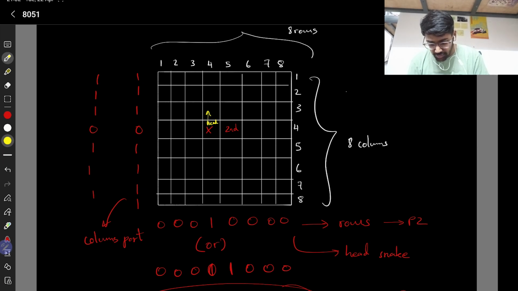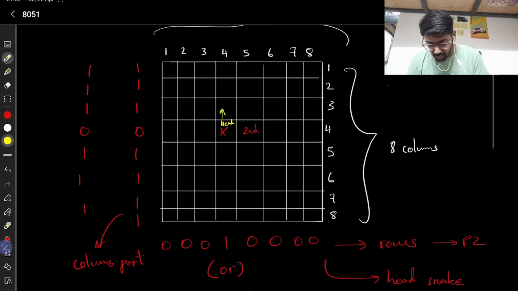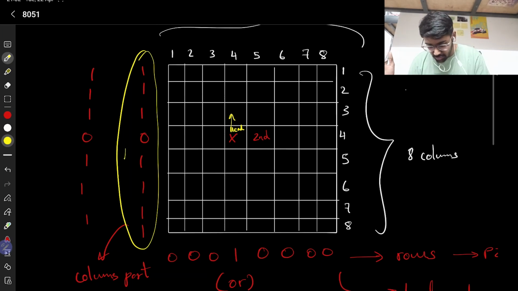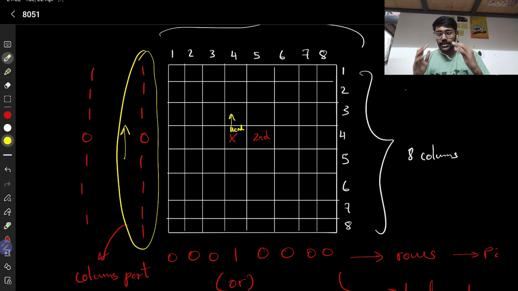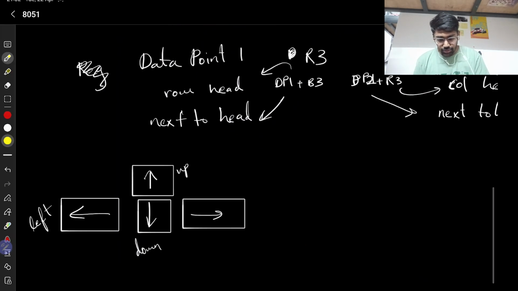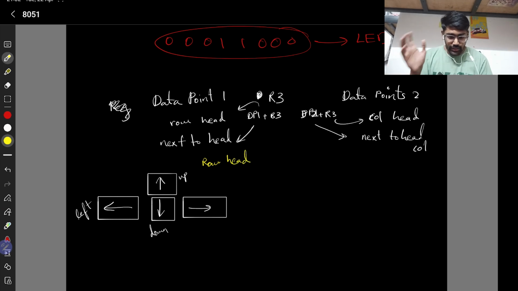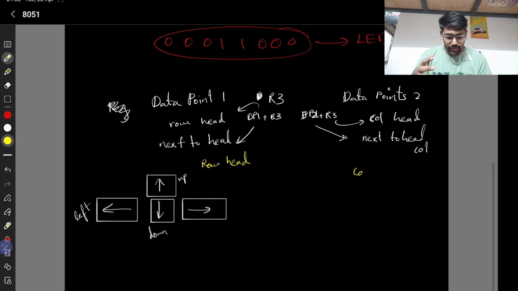When I click on the up arrow, we know that the head will be going up. So we can take the current column of the head and rotate it through right or rotate it through left in order to make the head move up or down, and we can store it in a new data point 1, which holds the row position of the new head, and in data point 2 we can store the new column position of the head.